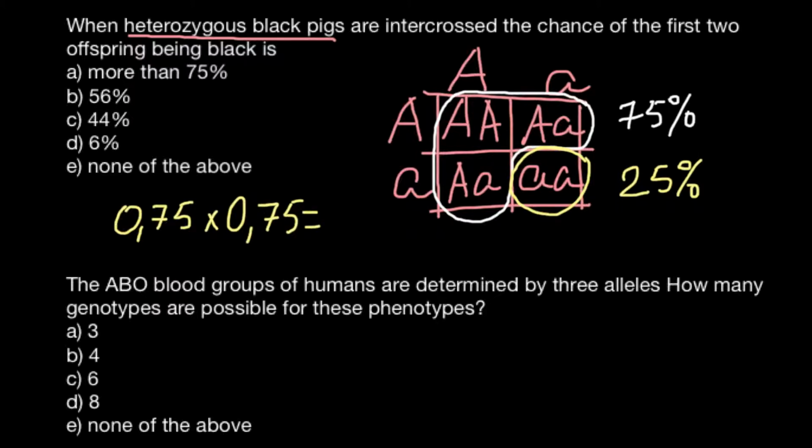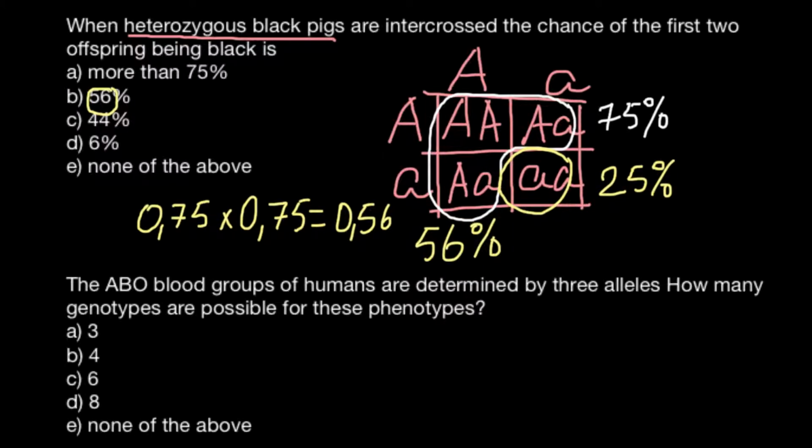So we have to multiply these two independent events, and the answer would be 0.56, or we can multiply this number by 100, and the answer would be 56%. The actual number is 0.5625, but we don't have such an answer, so we round to 56, and this is answer B.